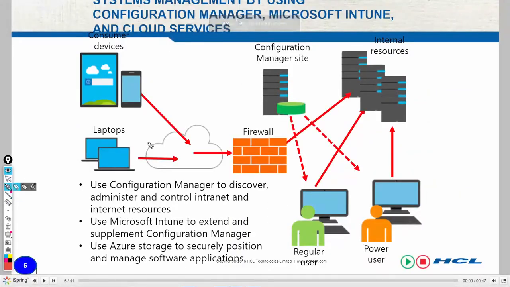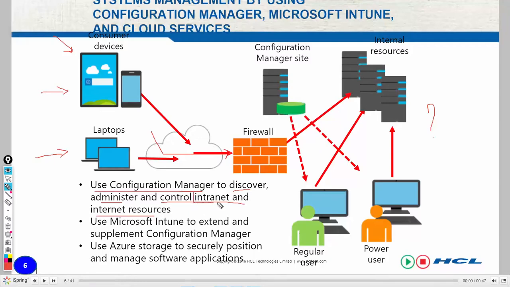Right now, we have some devices connecting to our internal network, consumer devices, which can be laptops, desktops or mobile phones that come through the internet and through the firewall to connect to our network. By using Configuration Manager, we can discover, administer and control intranet as well as internet resources.